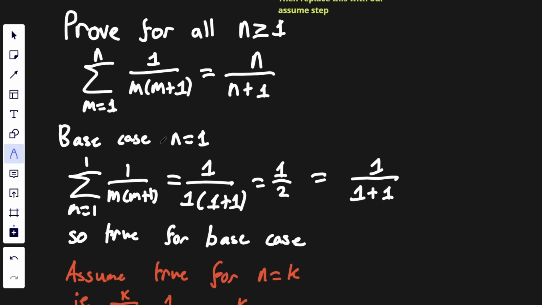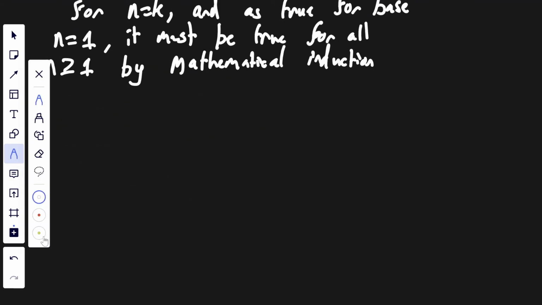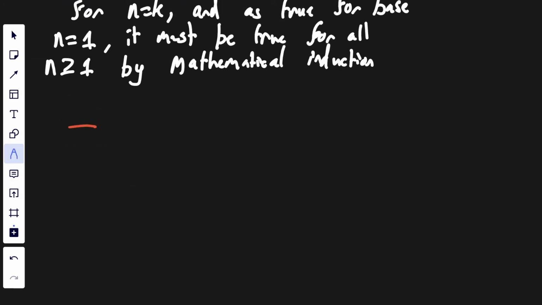Okay, so I said I'd prove this from scratch. I'd find this result. This is going to require a trick called telescoping. So let's have a look at that. So we've got the sum from m equals 1 to n of 1 over m times m plus 1. Now, whenever you get a sum that's involving a fraction where you've got like a quadratic or a cubic or something on the bottom, you want to first factorize and then split it up.